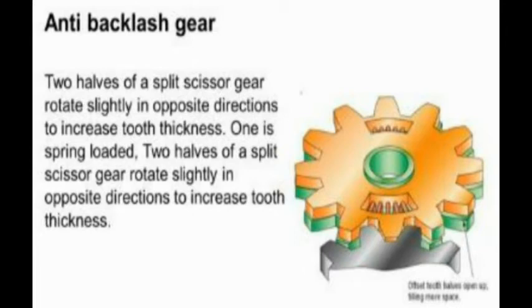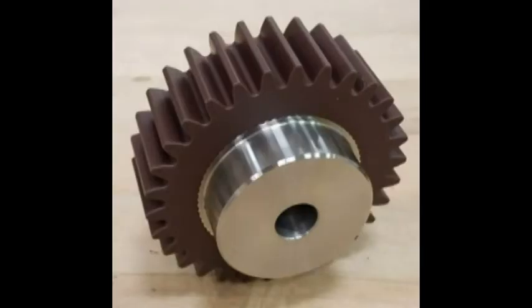So in this diagram, it is split. There is a slight relative motion between one part and the other part, thereby increasing the tooth thickness. So this is the tooth thickness. When the tooth thickness increases, it reduces the backlash. We have composite gears also. A composite gear contains a plastic center.